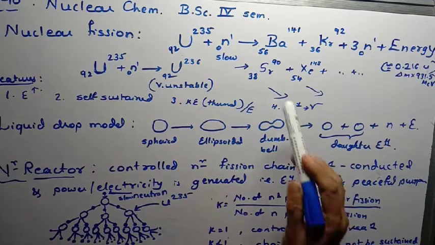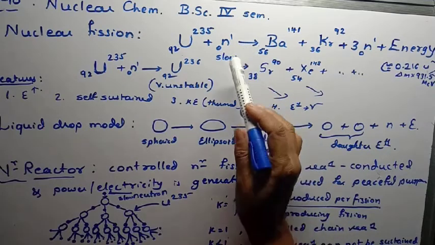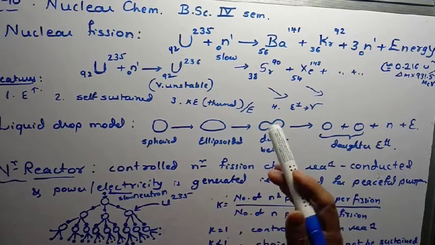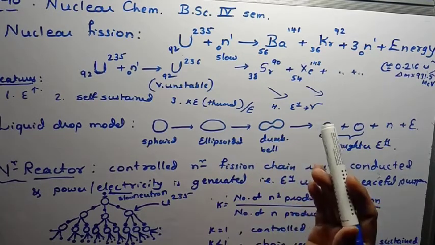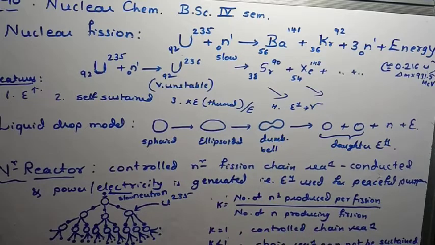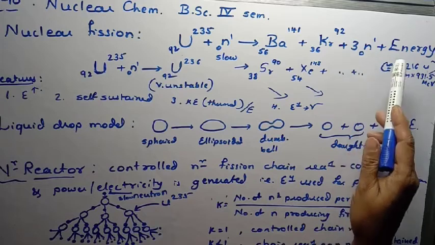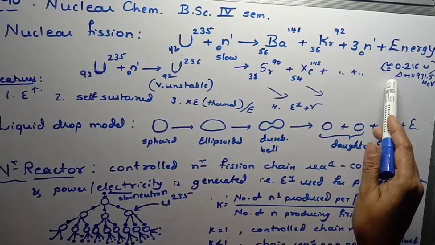So that means the nuclear fission of the same uranium splits in different modes, and nearly 50 different modes of splitting of uranium are known so far. Okay, so now in each case there is a liberation of neutrons and a huge amount of energy is liberated.